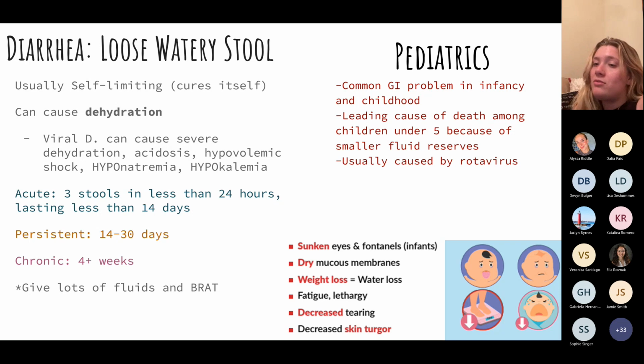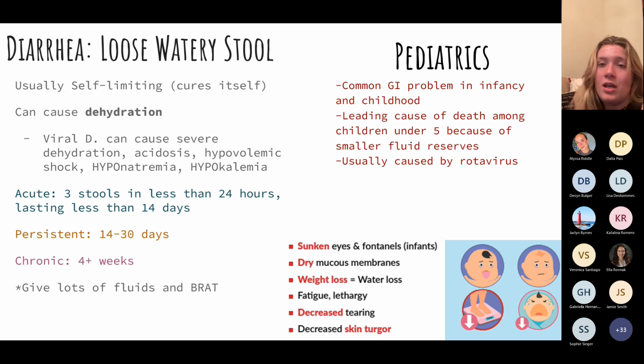I'm going to have massive diarrhea that puts me hyponatremic and hypokalemic, simply because we're losing so much electrolytes. Acute, that's within 24 hours. Persistent, that's when we have it lasting 14 to 30 days. And chronic, we have longer than 4 weeks.